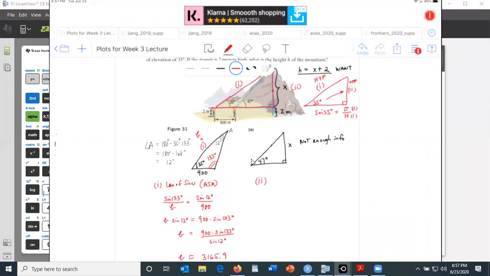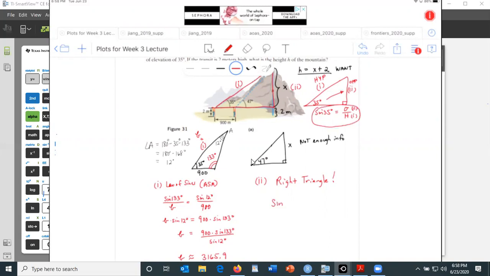So now for part 2, this is a right triangle. So that means you can use right triangle trigonometry. We already said up here, we're going to use the sine ratio because the 2 sides of interest are the opposite and the hypotenuse.